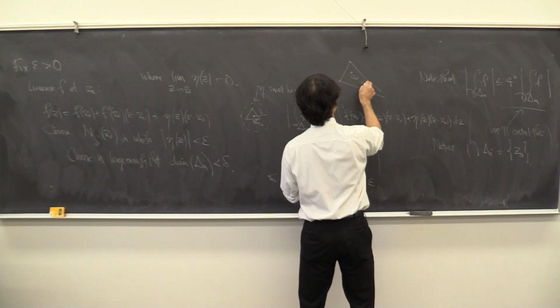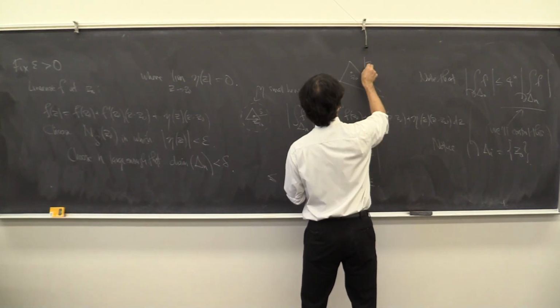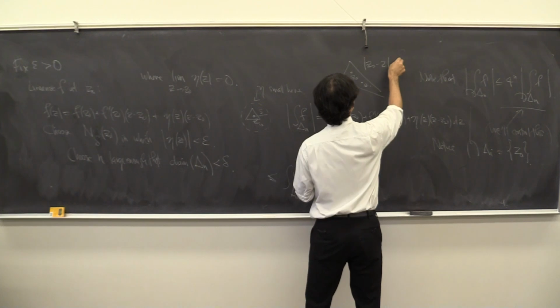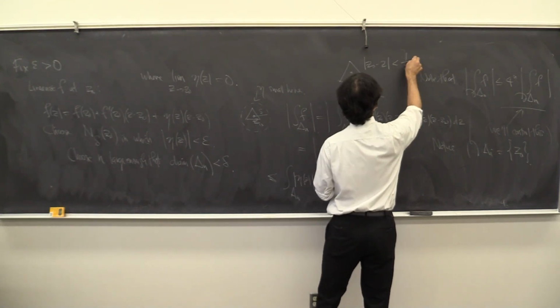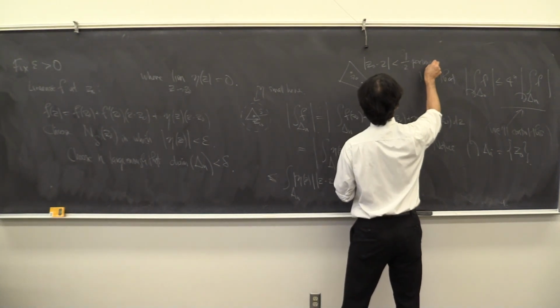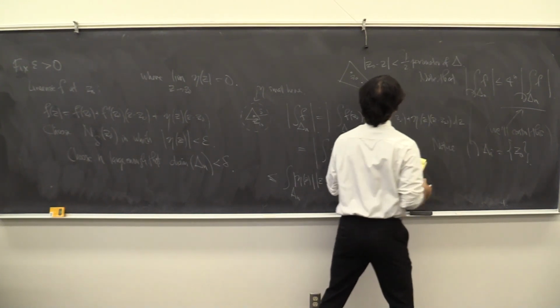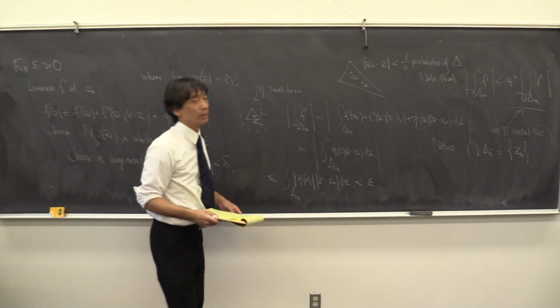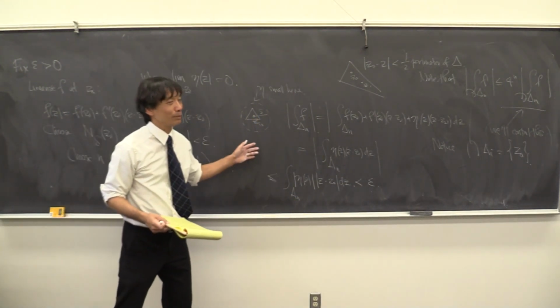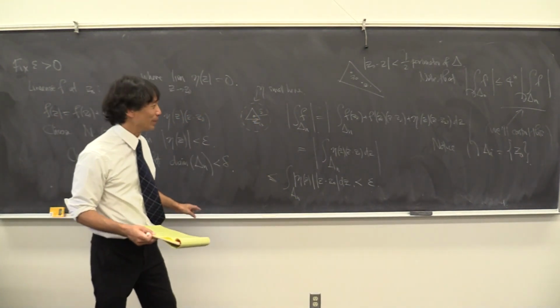If you have two points z and z naught, then the distance between them is smaller than half of the perimeter of the triangle. Okay, so maybe that's an exercise if you want.